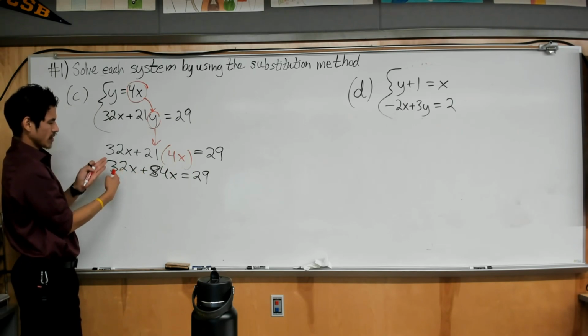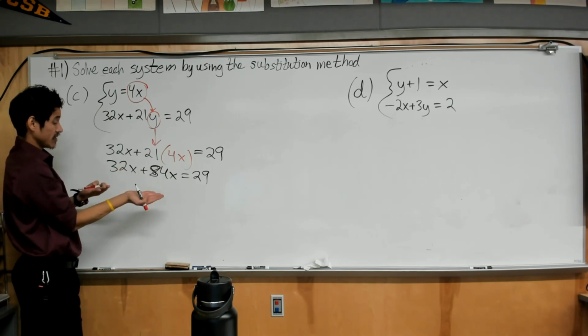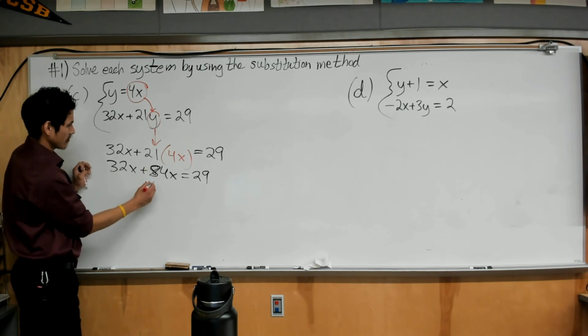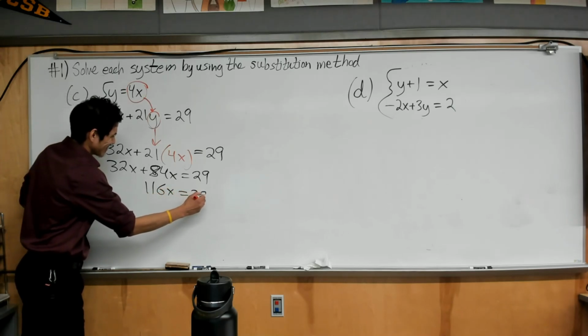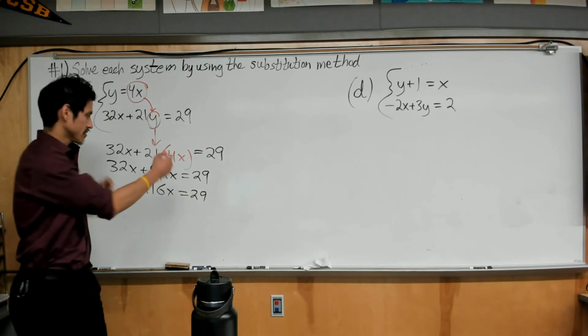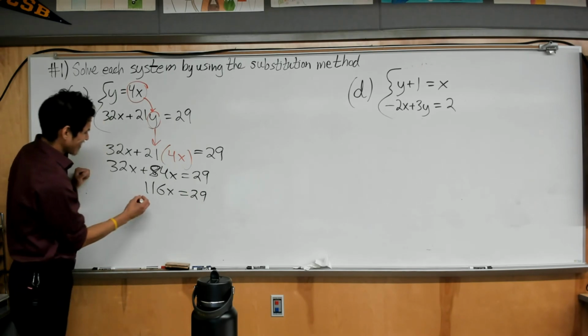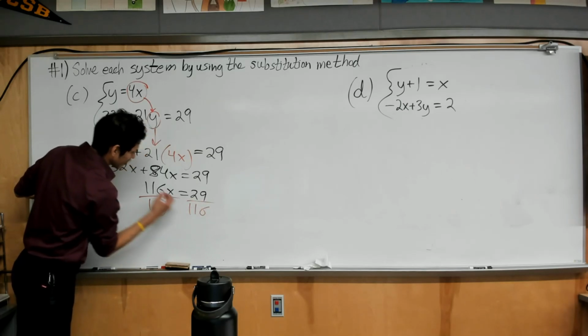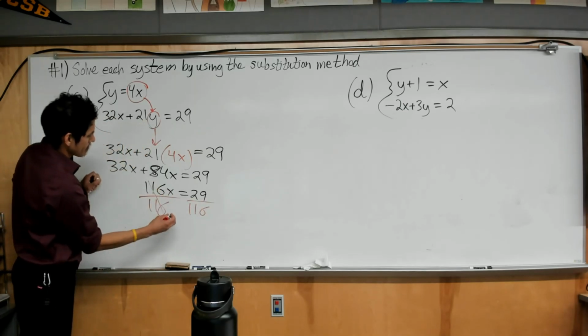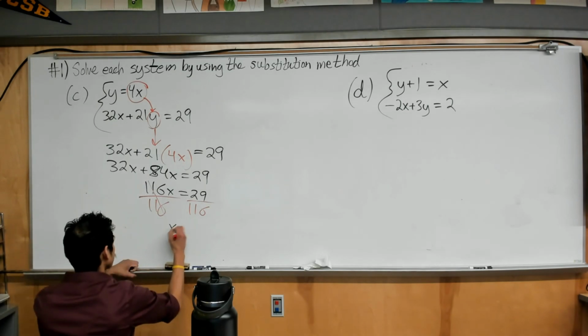All right, 80, 110, 116. Am I doing that right? I don't want to use a calculator, but does 29 go into it? Yeah, it does. Because that'll just be 1/4. And we get x equals 1/4.